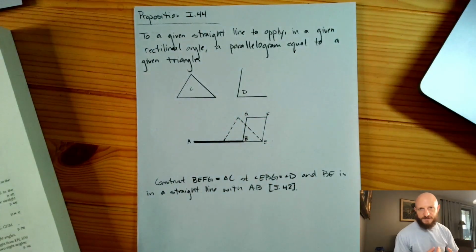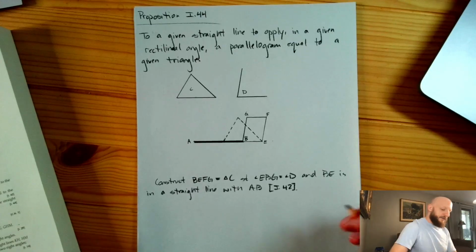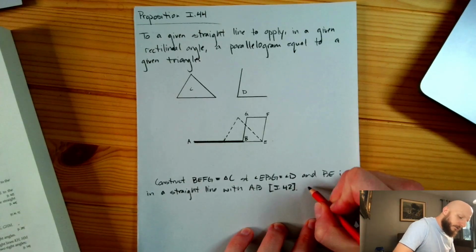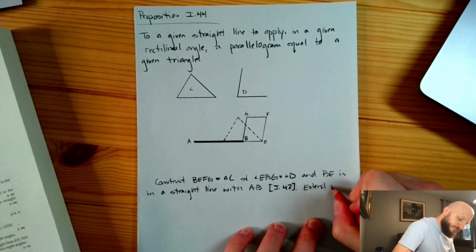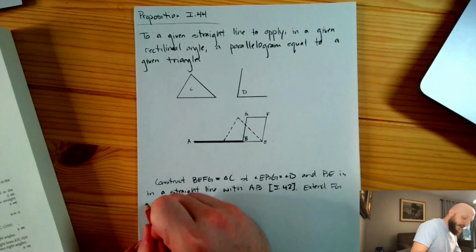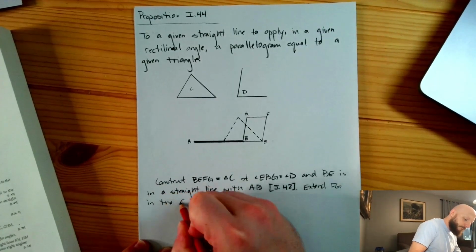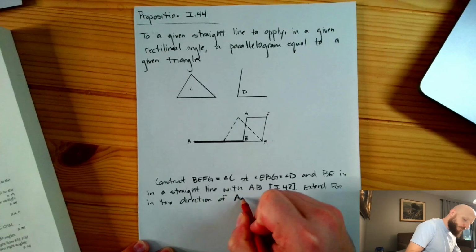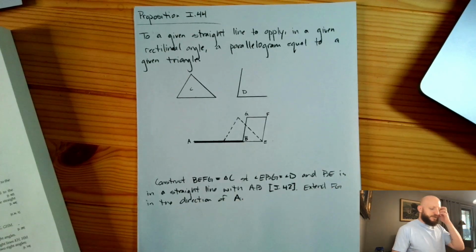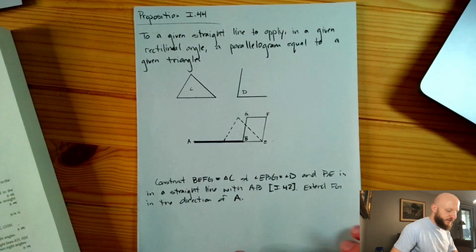So that's how Euclid states it. The way that I would state it is in two pieces. One, extend FG in the direction of A. That would just be postulate 2.